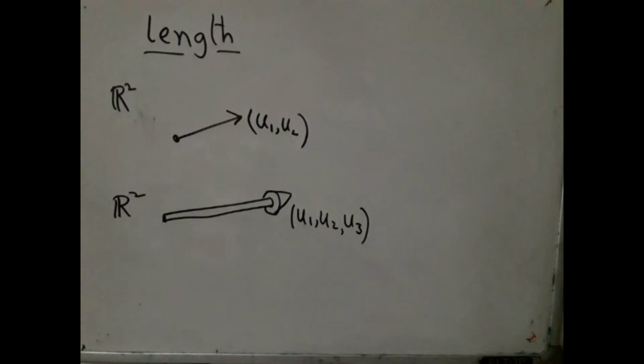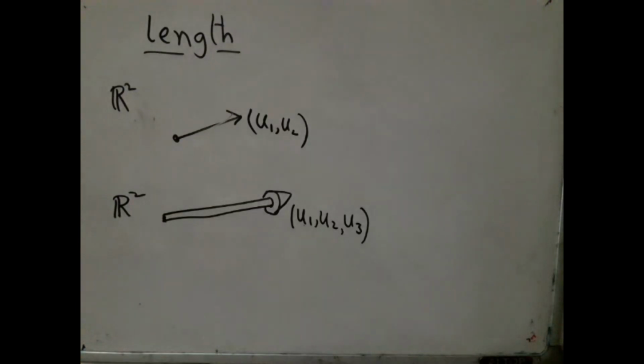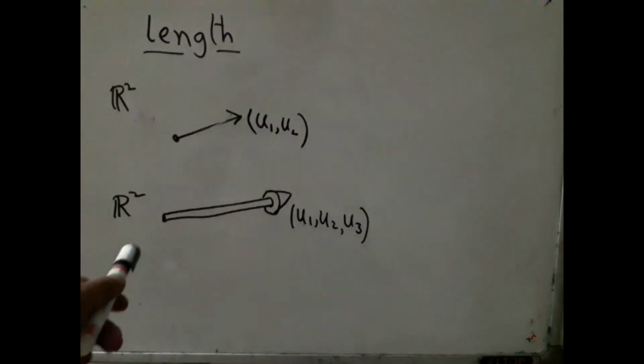If we take a vector in R2 or R3, then we can talk about its length. And just as we can capture the concept of perpendicularity using some algebraic expression, we can do so for length too. So, this is the origin and this tip is u1, u2. This is the origin, this tip is u1, u2, u3.